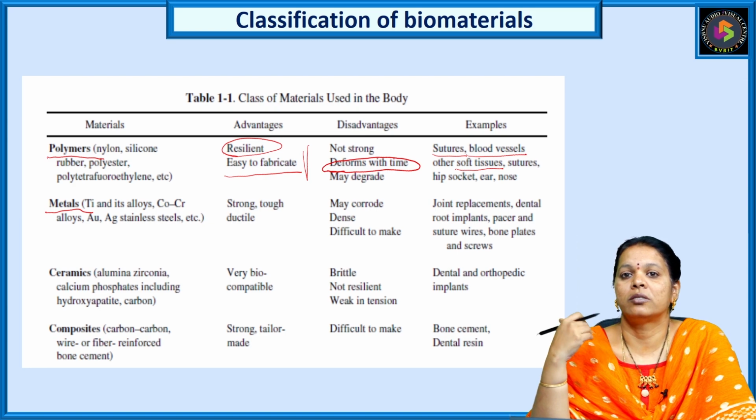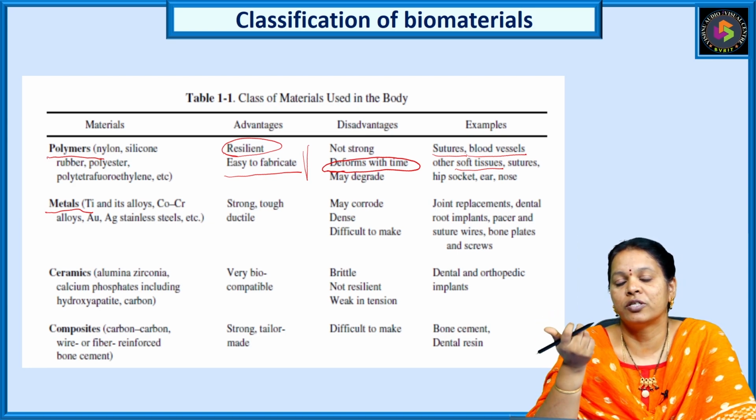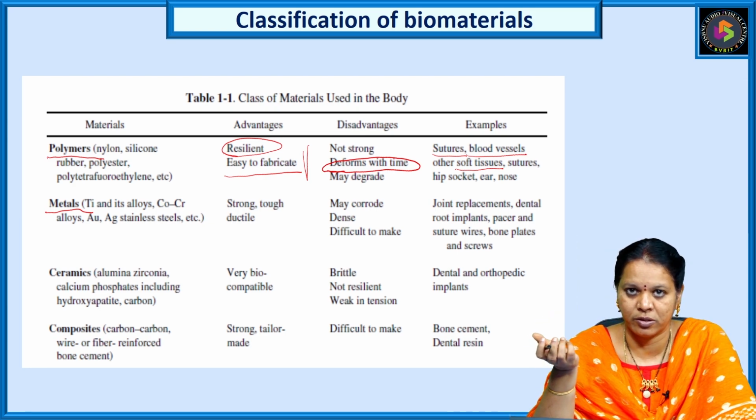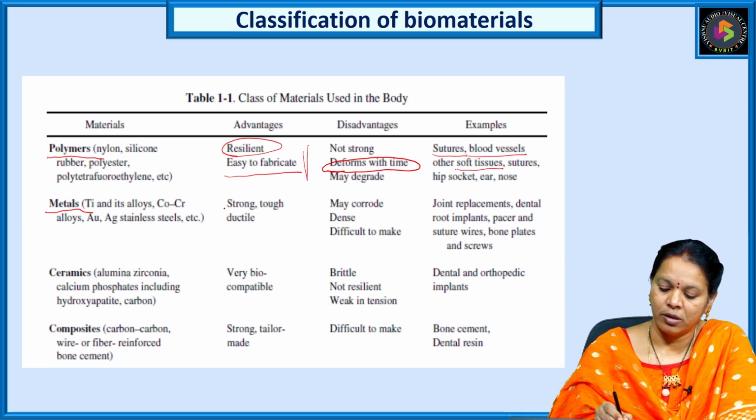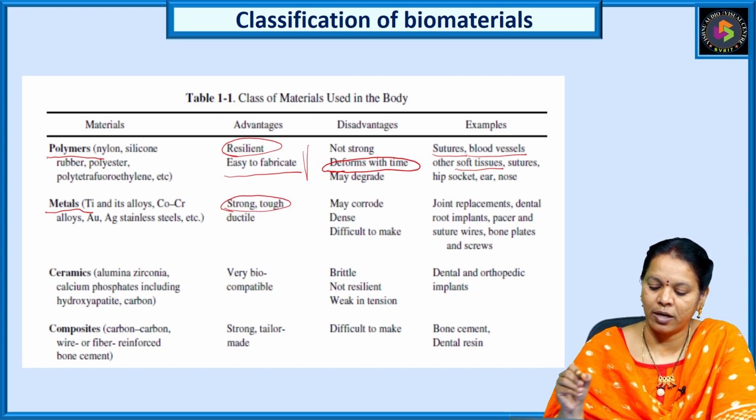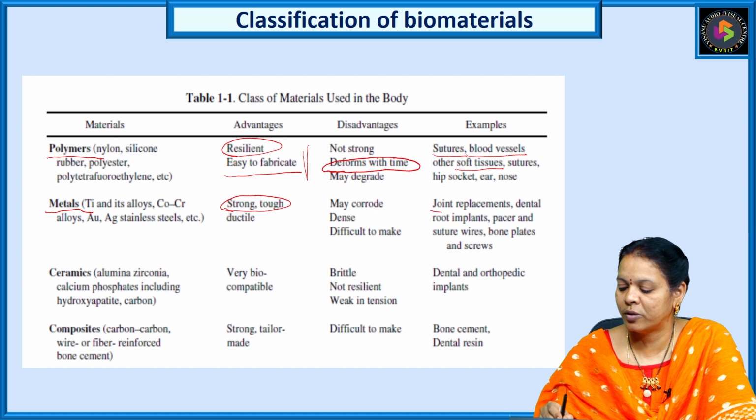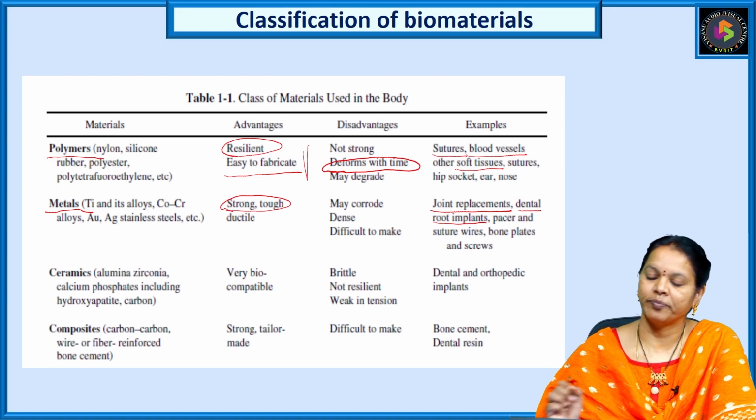All these functions can be delivered by using metals. That is why, because of their high mechanical strength, we use them for joint replacements and also for some dental applications, wherein we have dental root implants.